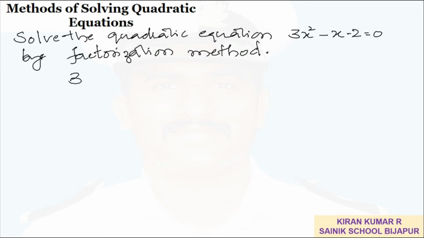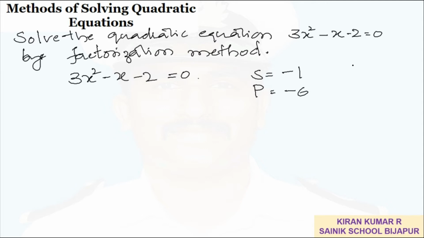The given equation is 3x square minus x minus 2 equal to 0. Here we will follow splitting the middle term. For that, I need to find the sum and the product. The sum is minus 1 and the product is negative 6.